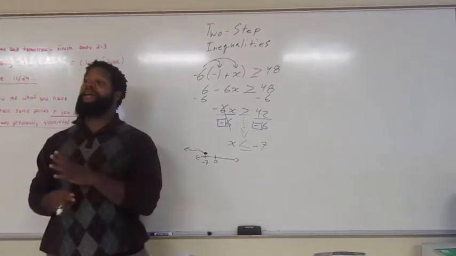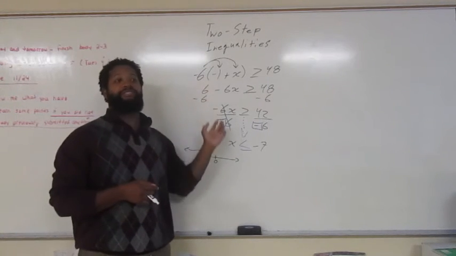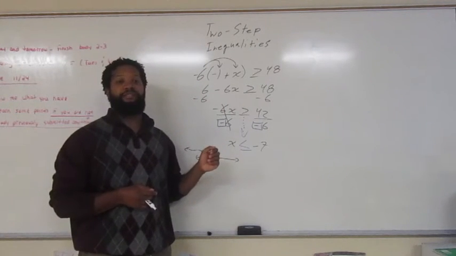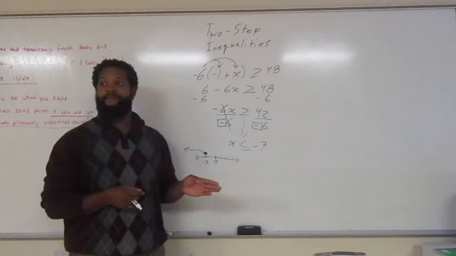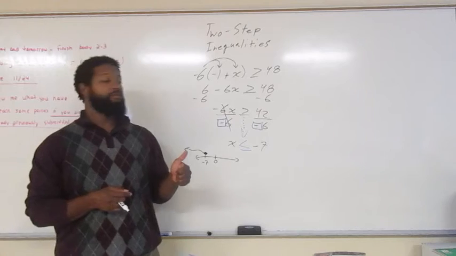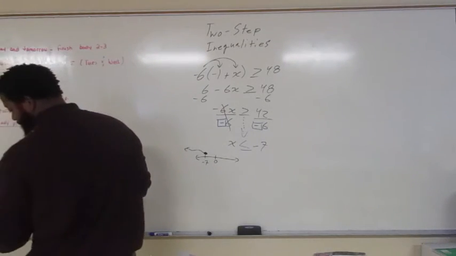But for right now, I'm having y'all work this out with the variable on the left-hand side so that you will understand how to read it properly, okay? Cool. Alright. There's another situation.